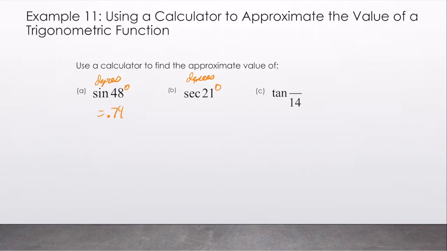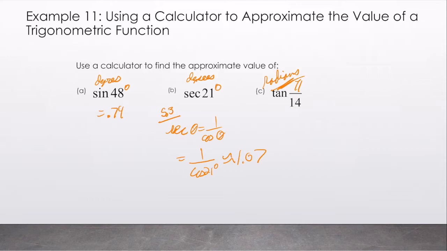We talk about this more in section 5.3, but secant of theta is the same as 1 over cosine of theta. So I would plug into my calculator 1 over the cosine of 21 degrees, and that'll give me about 1.07. And if I want the tangent of pi over 14, I have to switch your calculator mode to radians, and that would give you about 2.3. And again, I am rounding.